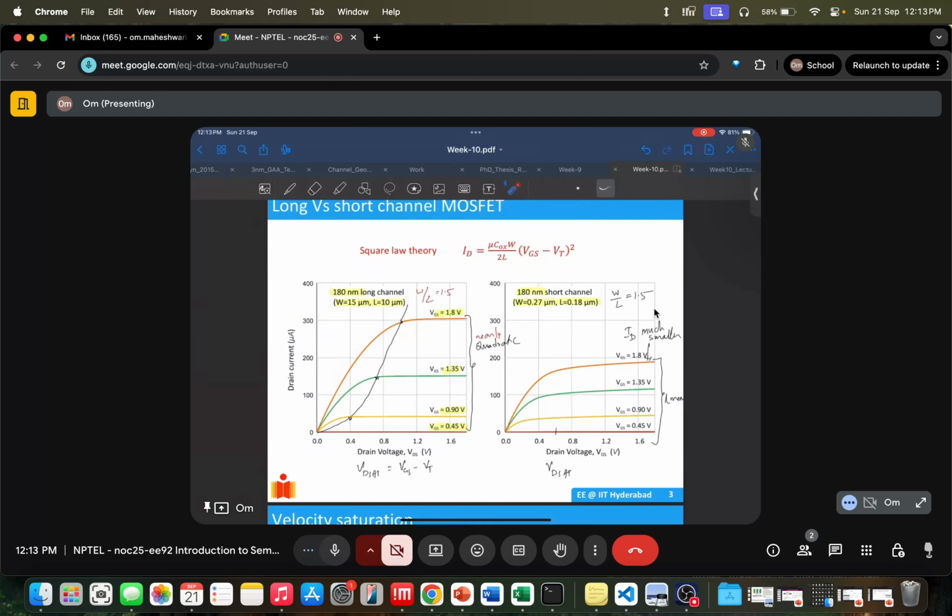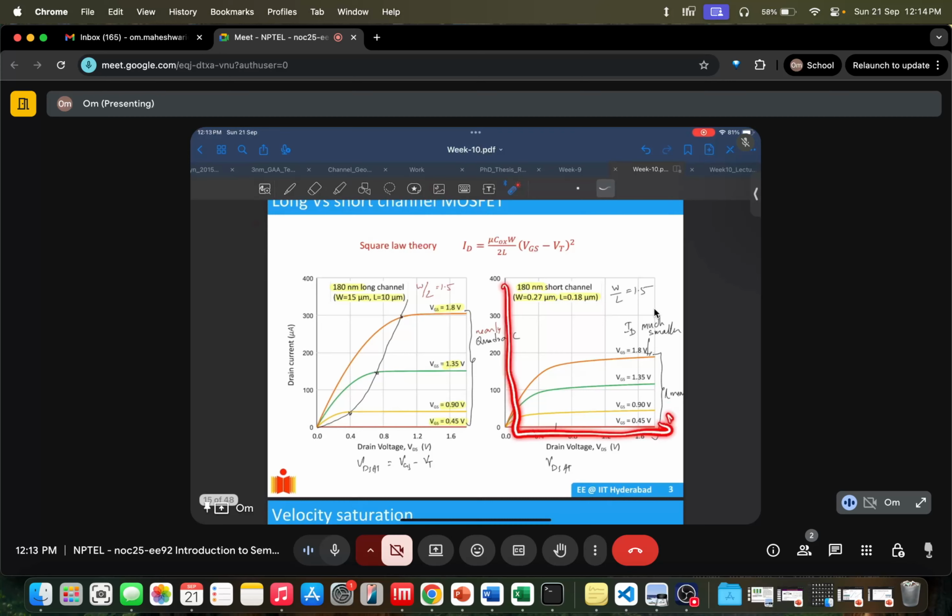In this ID versus VDS curve, if we increase VGS, the current increases almost quadratically, right? But on this side, for a short channel MOSFET, again ID versus VDS, if you increase VGS, your current is not increasing quadratically. It's almost linearly increasing with VGS.